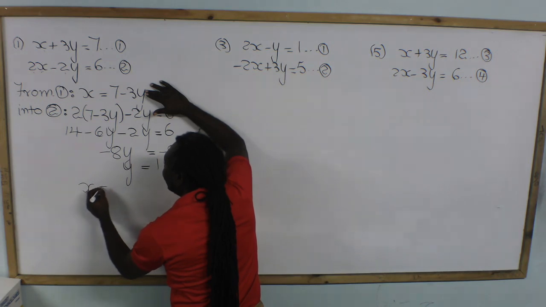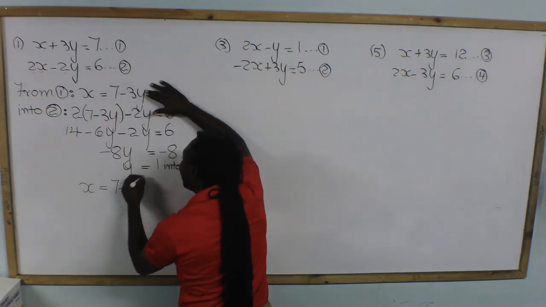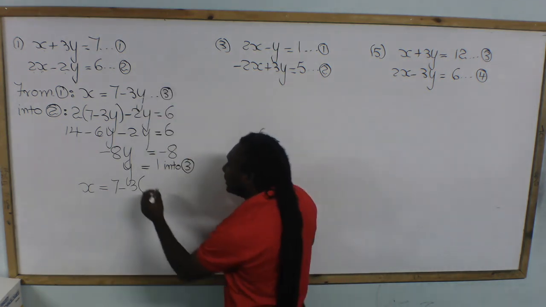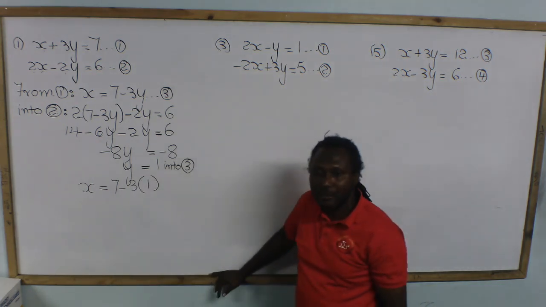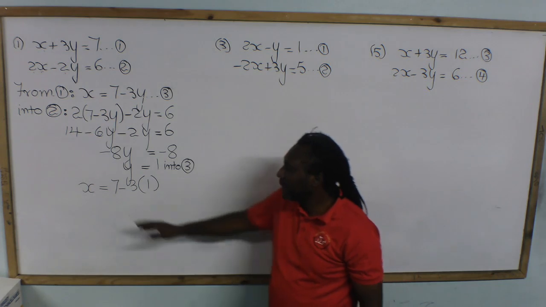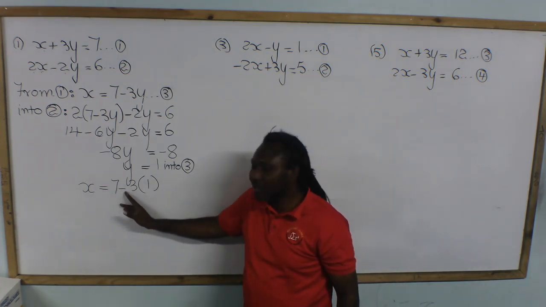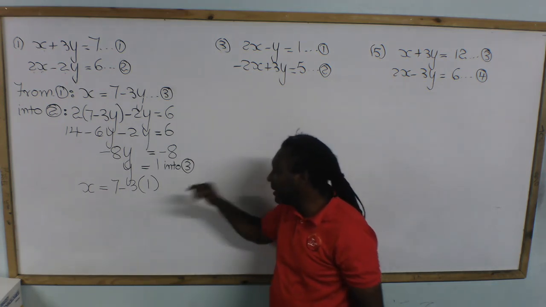So we have x is equal to 7 minus 3 times... what is y? We discovered that y is equal to 1. So we have x is equal to 7 minus 3 times 1.